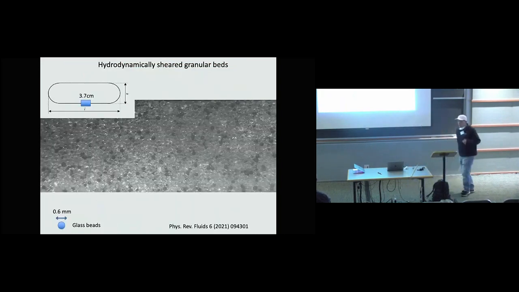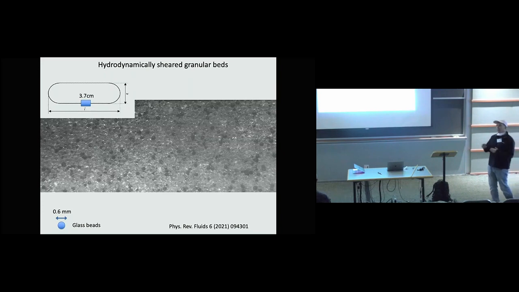Over the past, say, 6 years, Nick Willett in his lab has conducted experiments of fluid-driven granular beds, where he has a racetrack in an oval shape where the fluid can flow continuously. There's a test section where the granular bed exists and the fluid flows over that granular bed. There's a window where he mounts a camera and can look down on the top of this granular bed, as shown here.